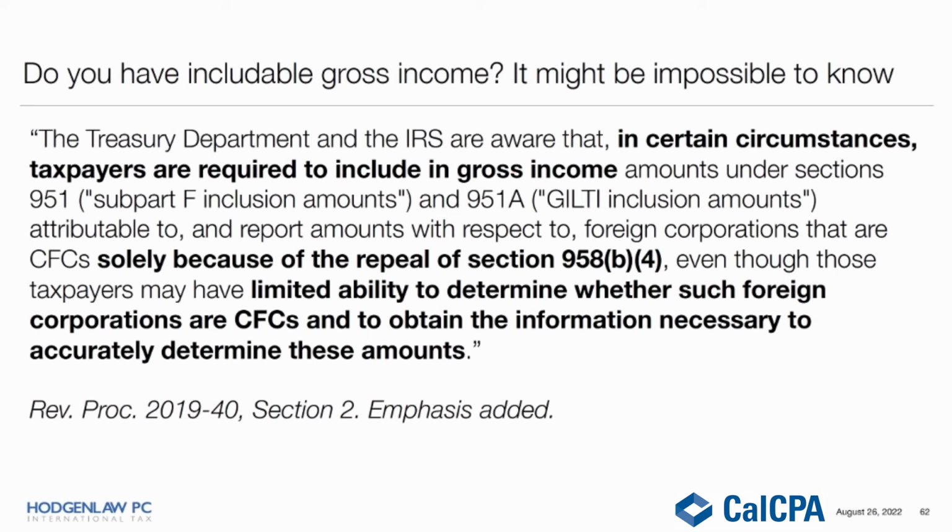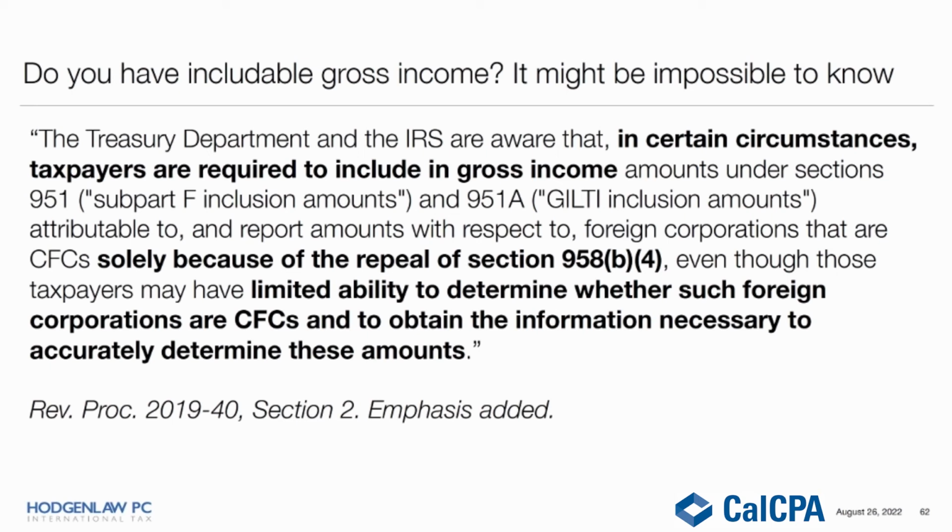And if you are in one of these situations where you're sufficiently distant from the center core of this foreign corporation's activities, you may not have enough clout to extract accounting data out of this foreign corporation to figure out, of all of its operations, do I have any subpart F income? Yes, no. Do I have any global intangible low-taxed income? Yes, no.